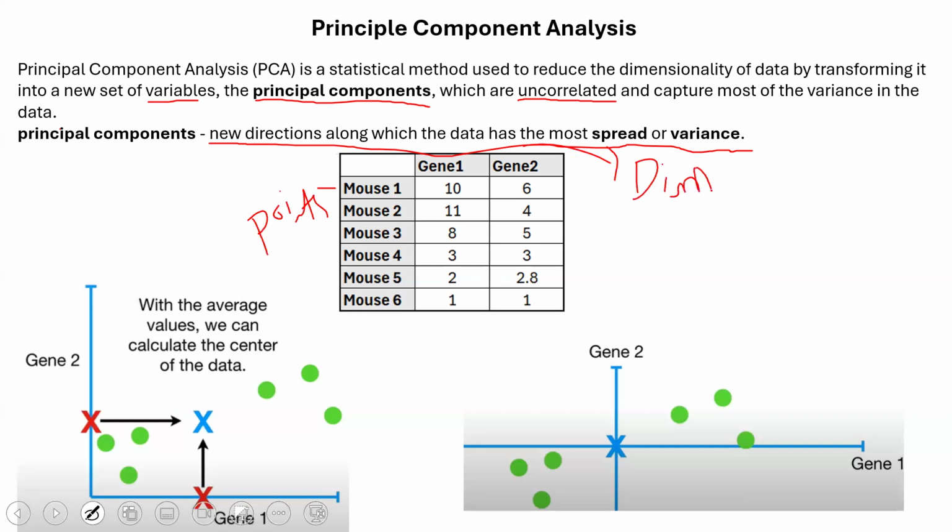Now if I represent these points on a 2D graph, I am taking all these points and representing them: 10, 6, 11, 4, 8, 5, 3, 3, 2, 2.8, 1, 1.